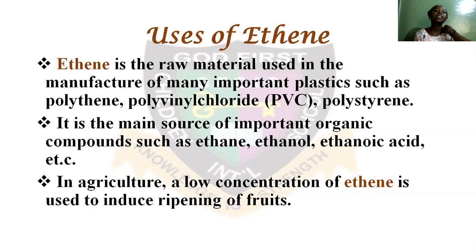Next, it is the main source of important organic compounds such as ethane, ethanol, ethanoic acid, important organic compounds used in the industry. Then in agriculture, a low concentration of ethene is used to induce ripening of fruit. So use a small quantity of it to make fruits ripen.